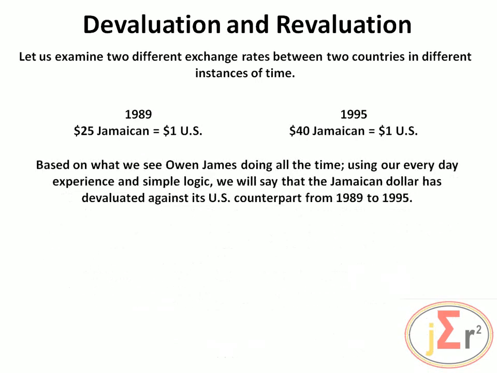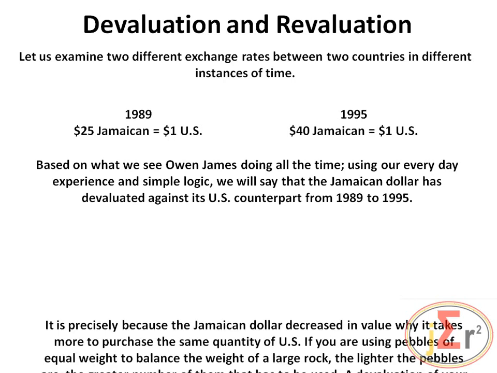Based on what we see Owen James doing all the time, using our everyday experience and simple logic, we will say that the Jamaican dollar has devaluated against its US counterpart from 1989 to 1995, because it takes more of the Jamaican to buy the US dollar.